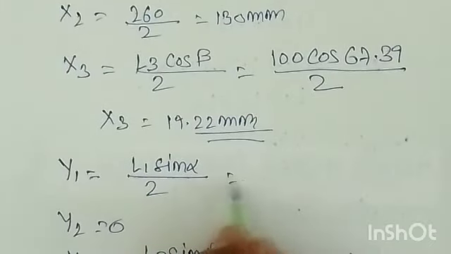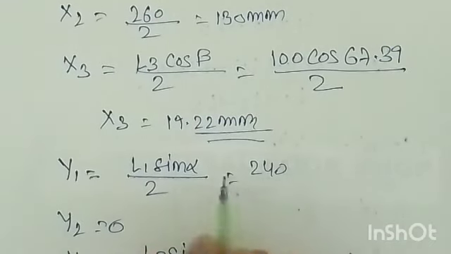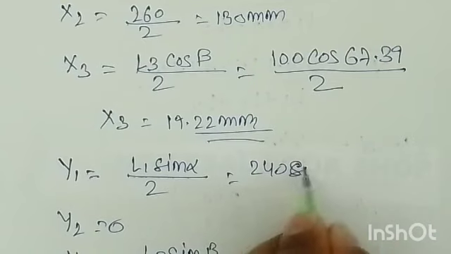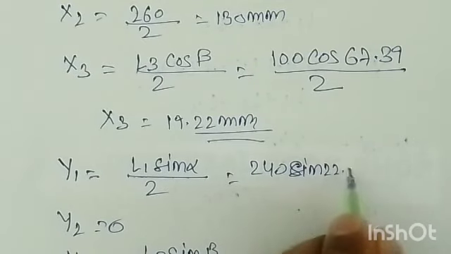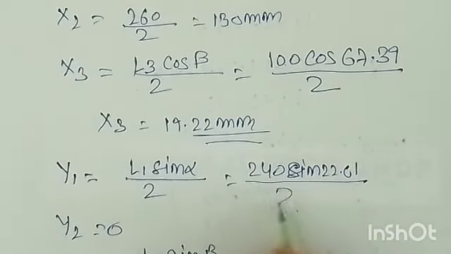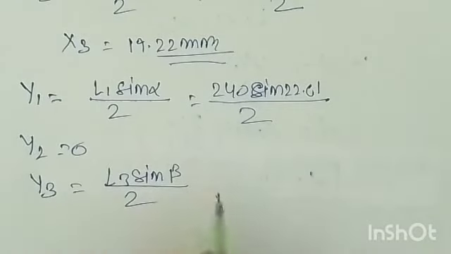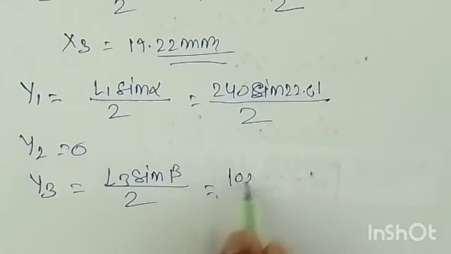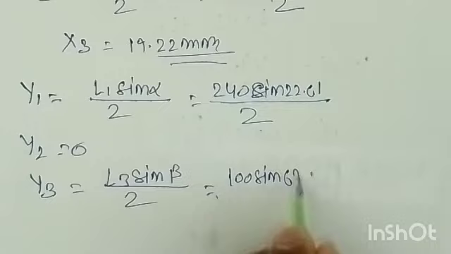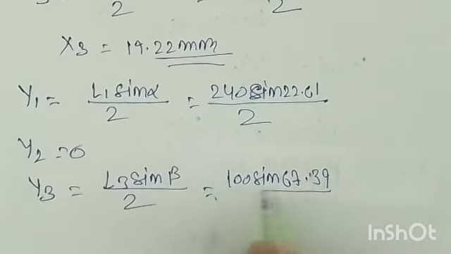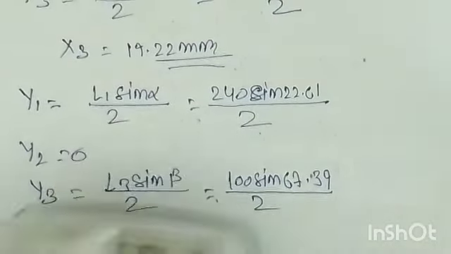So L1 is 240, so 240 sine 22.61 by 2, this is 0, and this will be 100 sine 67.39 by 2, right? So we'll put in the values.